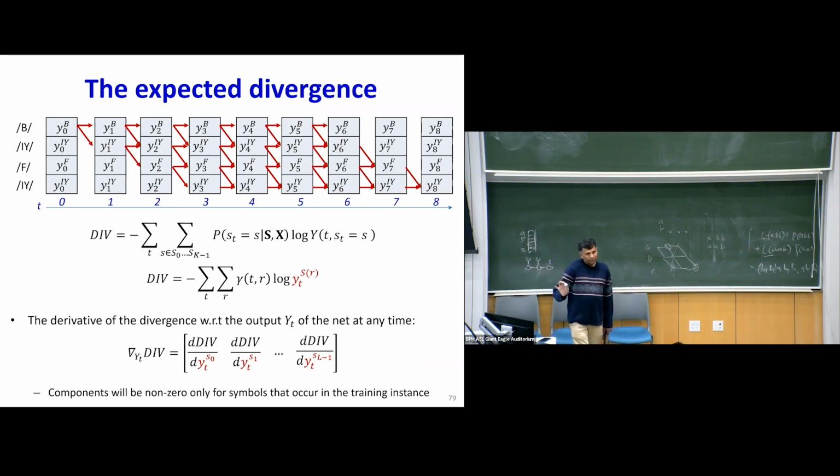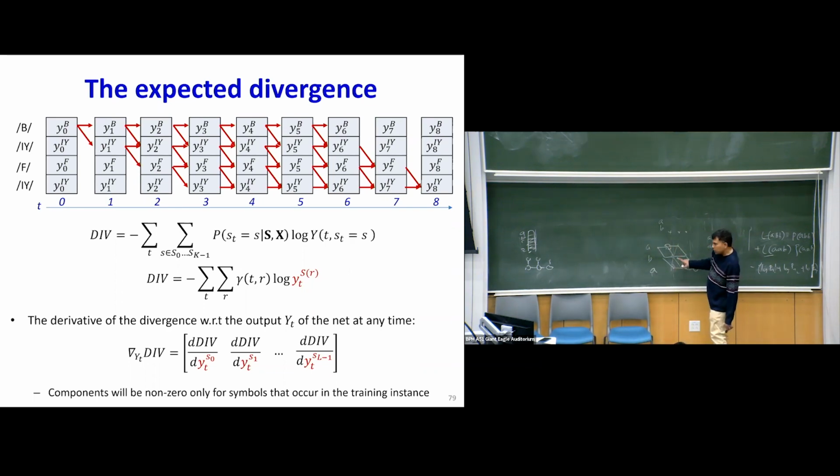So that's easy. Now, let's just assume that this was an ABA, just for argument's sake. So even C is going to be 0. Now, I want the derivative of the divergence with respect to the probability assigned to the symbol A at this time. But the symbol A occurred twice in my graph.